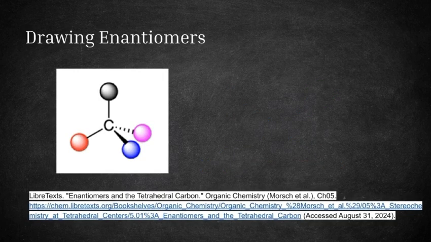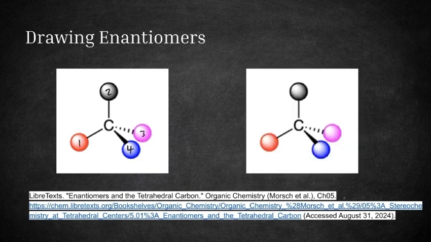Let's move on to drawing enantiomers and distinguishing between two stereogenic elements. Here we have a generic carbon center attached to four different groups, labeled 1 through 4. Initially, these two molecules are identical because they have an internal plane of symmetry and can be superimposed on each other. To make these molecules enantiomers, we can swap the positions of any two groups attached to the carbon center.